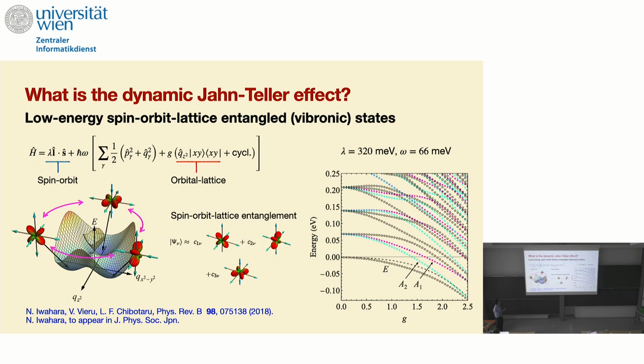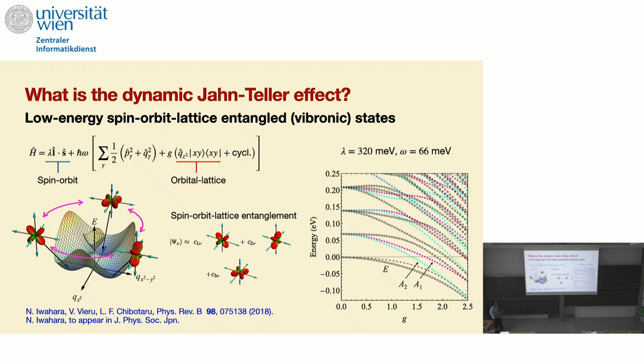I mean, there is quantum tunneling between different states. And finally, we obtain low energy spectra like this, linear combinations of different orbital lattice configurations. Based on it, we call this a spin orbital lattice entangled state. And of course, this is a simplified picture.